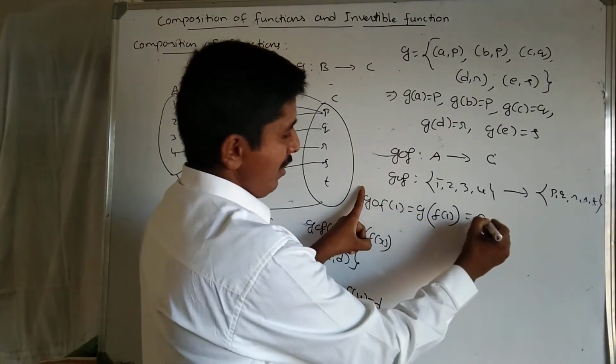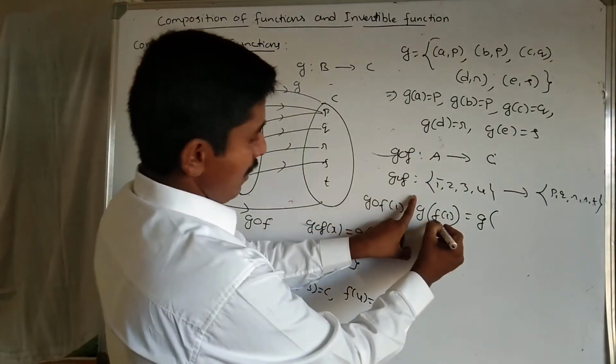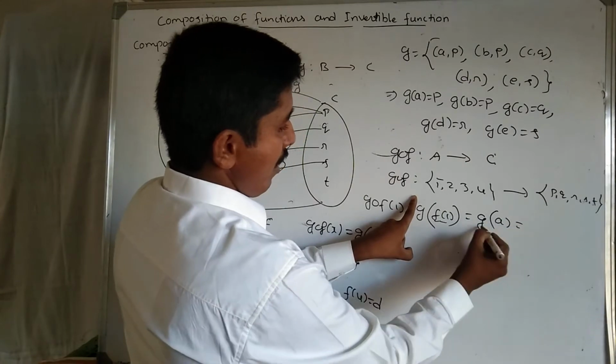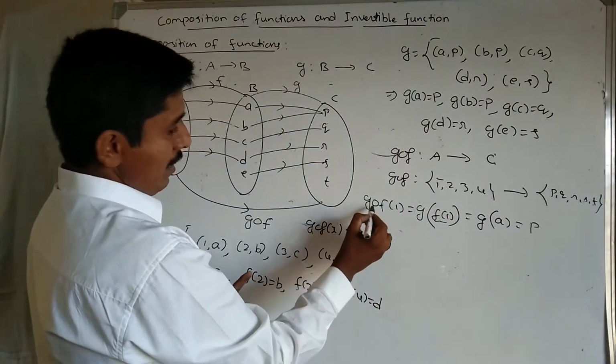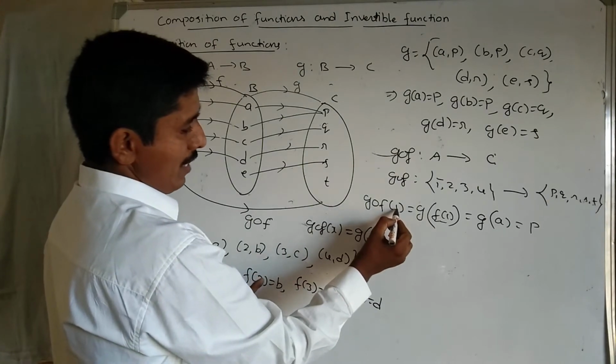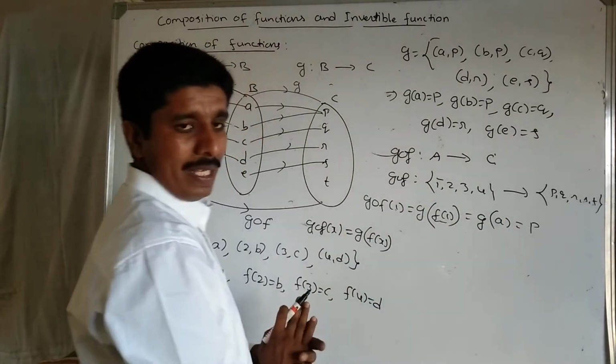Here we have F of 1 equal to A. Substitute the F of 1 value A: G of A equals P. Means domain element 1 has image element P. One is mapping with P.